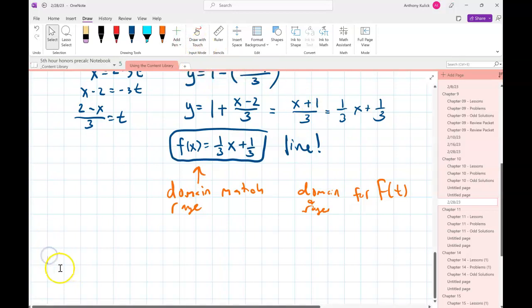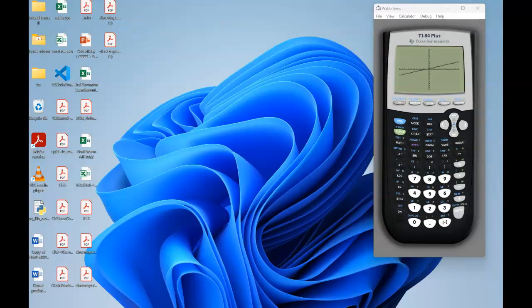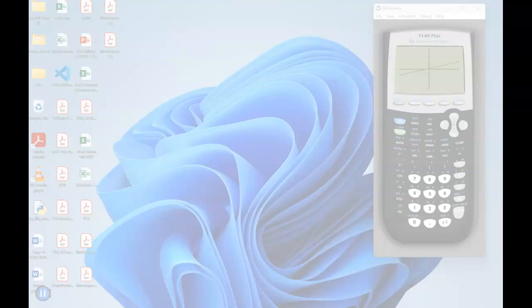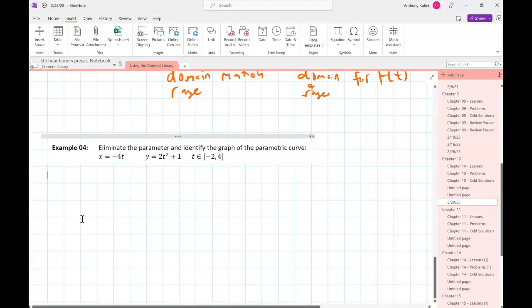Let's do an example where everything is not fine and we have to do a little bit of adjustment. All right.